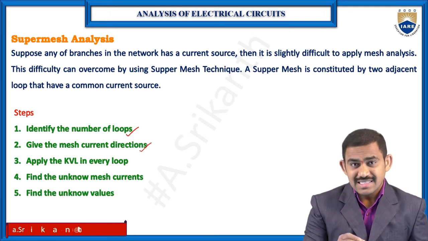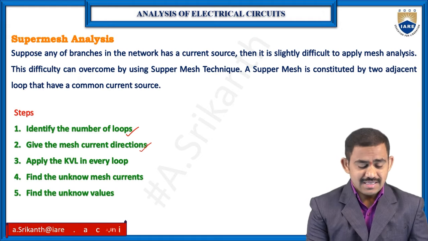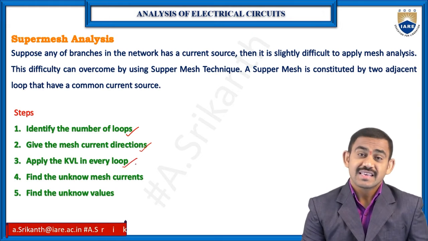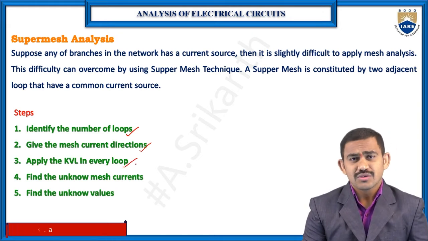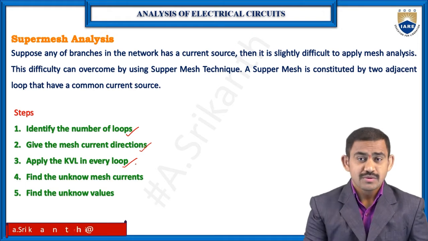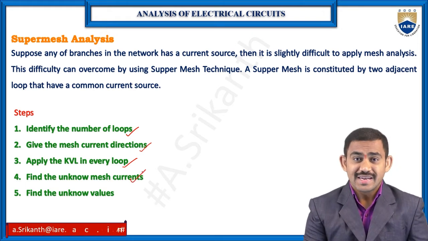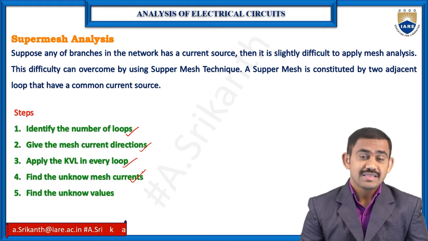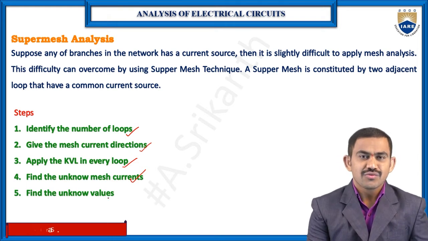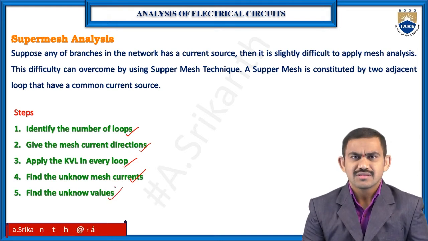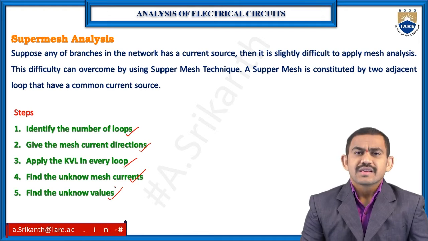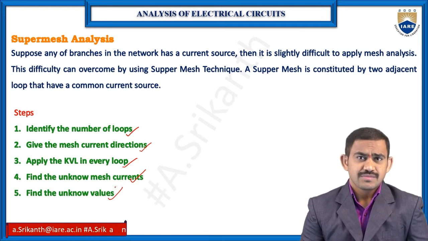Third is apply the KVL rule. Kirchhoff's voltage law, I need to apply in that loop. Then find out the loop currents. Then find out the unknown values, that is, where you require the values, there you need to find the current or voltage.